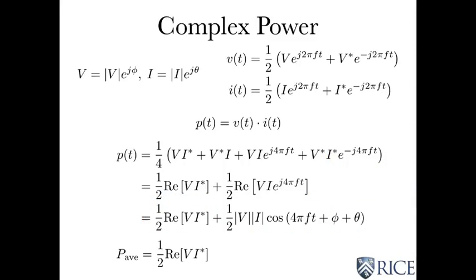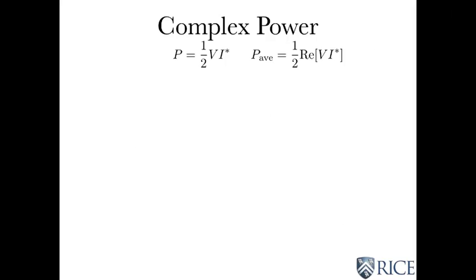This is a general result for all RLC circuits in which the source is a sinusoid, which we think of as a complex exponential. So average power that is consumed is given by half the real part of V I conjugate, where these are the complex amplitudes of the circuit element we're worrying about the power consumption for.